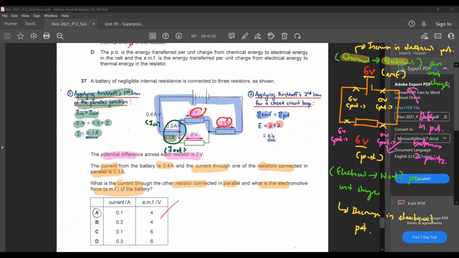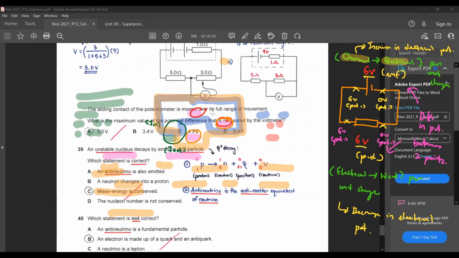So EMF is 4 volts. You could also use the other loop, this orange colored loop here. Your sum of PD will still be 2 volts plus 2 volts, giving you 4 volts. So it doesn't matter which loop you pick. You will still get the answer as 4 for EMF. Okay, so answer is B, just like that. All right, so that's 37.